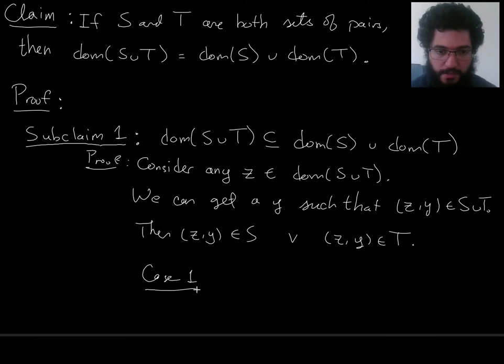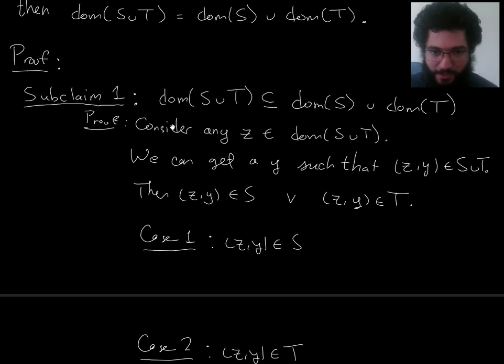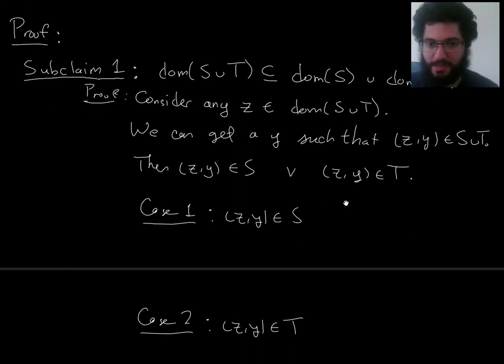So there's case 1, and case 2, zy is in T. Okay, so in each case I want to get to victory. What does victory mean, though? My goal from the very beginning was to prove that my z is in the right-hand side set here. So maybe it's time to unpack the goal.